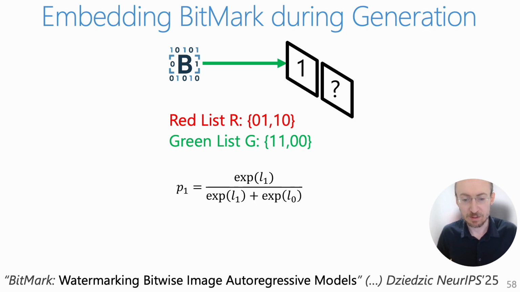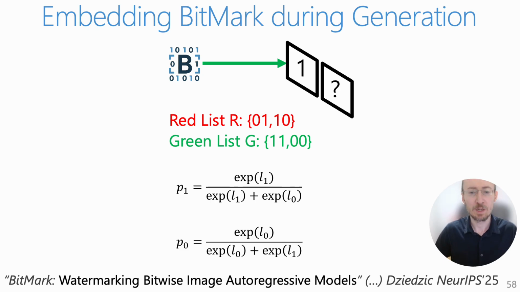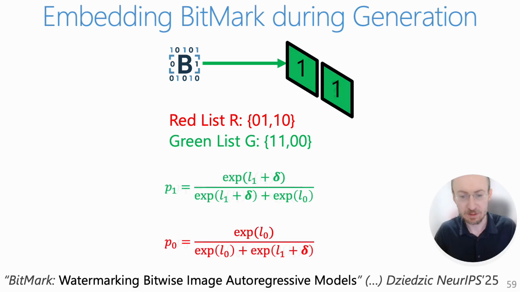L_1 is the logit for bit 1, and L_0 is the logit for bit 0. We compute the softmax for bit 1, and we also do the same for bit 0, based on the logits of bit 0 and bit 1. And the generation of the watermark, similarly to LLMs, softly nudges the model to generate more of the bit sequences from the green list than from the red list.